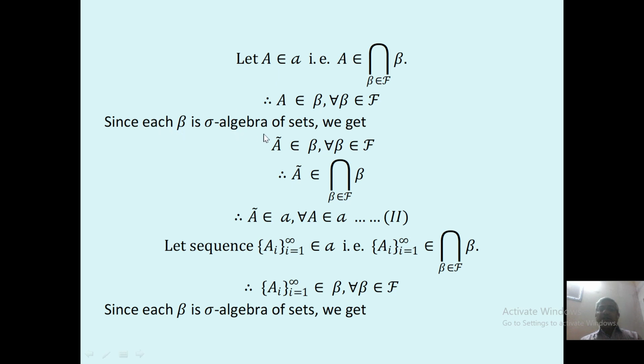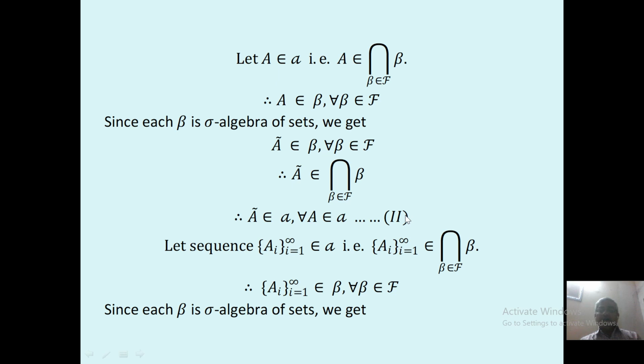Since each B is sigma algebra of sets, તો એ કન્ડિશન સેટિસ્ફાય કરે, એટલે A complement also belongs to script B for every B belongs to F. દરેક B માટે A complement એમાં બિલોંગ કરતો હોય તો A complement belongs to intersection of B. Intersection of B is nothing but script A. A complement belongs to script A. Second condition is also proved.